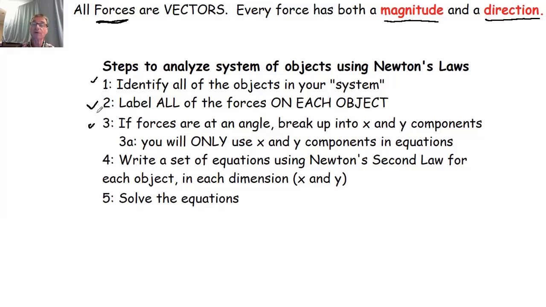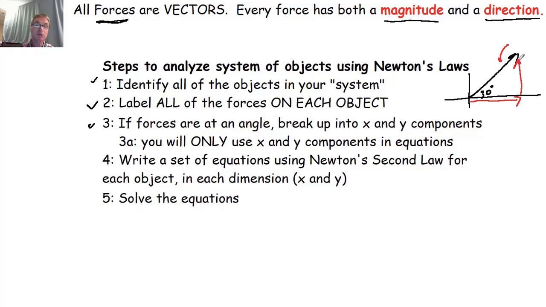Step 3: if the forces are at an angle, we cannot deal with them directly. We can only deal with forces that are either in the x dimension or the y dimension. So if they're at an angle, say like that, and here's our coordinate system, and say this is 30 degrees, what I need to do is break up this vector that's at an angle into an x component and a y component.